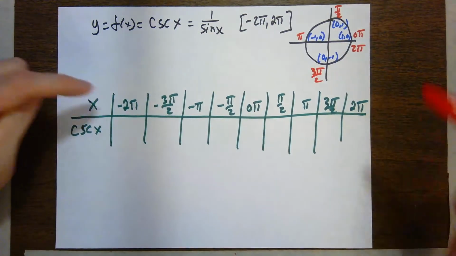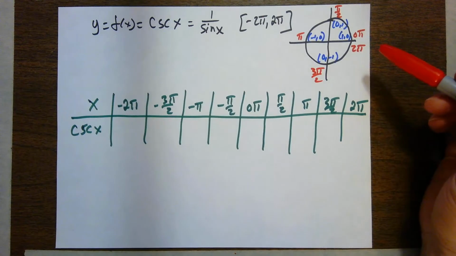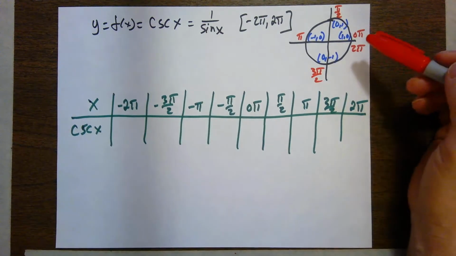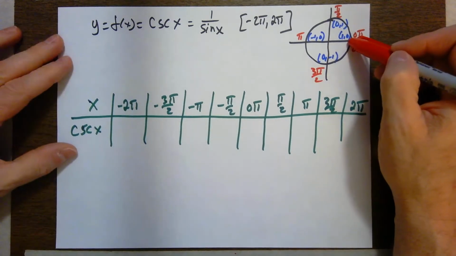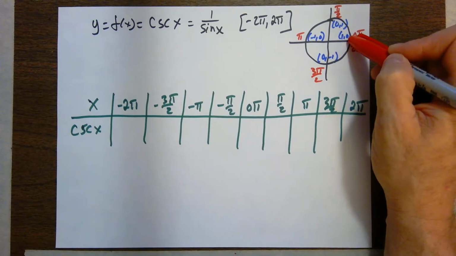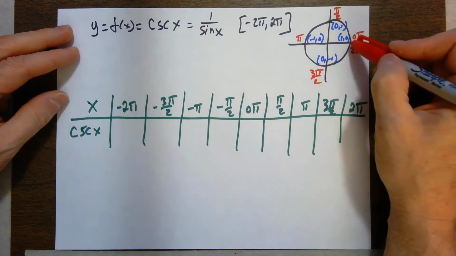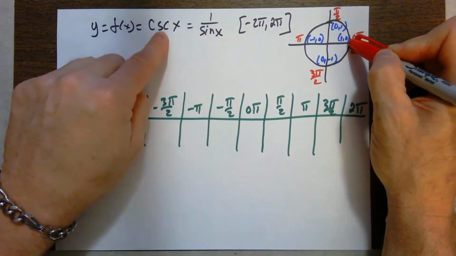All right, so let's see. We know that the sine of x, we're thinking mostly about the y values when we look at that. So at negative 2 pi, if I start here and I go negative 2 pi, what's the y value right there? The y value is 0. So 1 over 0, that would be the cosecant.